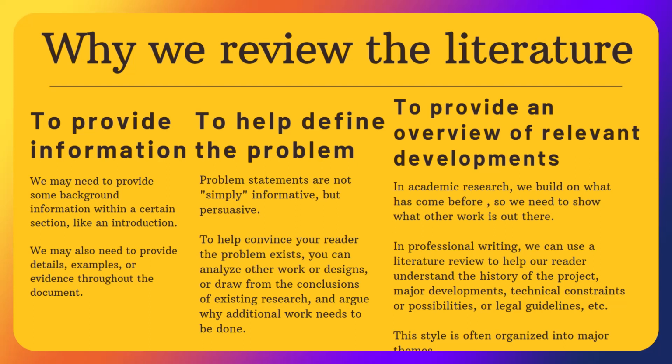The literature review performs these essential functions. It provides background information, it helps you to define the research problem, and it provides an overview of the field. However, literature or sources are not limited to this section. We can include literature in other sections of our report. We may use sources to help us define our methods, or to compare or contrast our results, or to help us discuss implications.